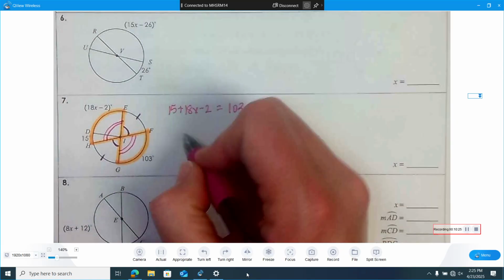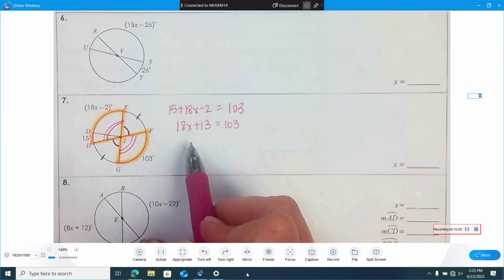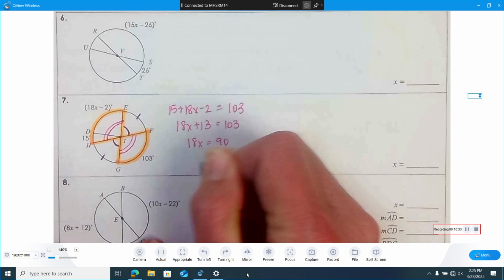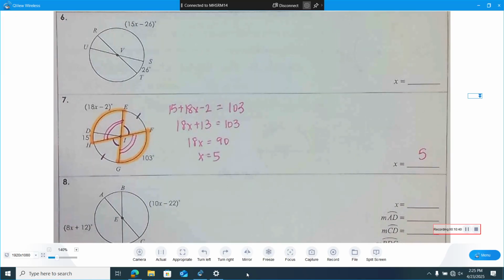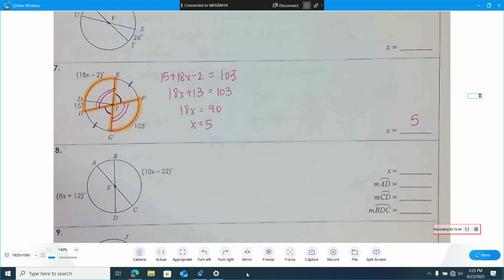Very good. So I have 18x plus 13 equals 103. And I'm going to subtract 13, so I get 18x equals 90. And divide by 18, so we get x equals 5. Okay. Questions on that one?